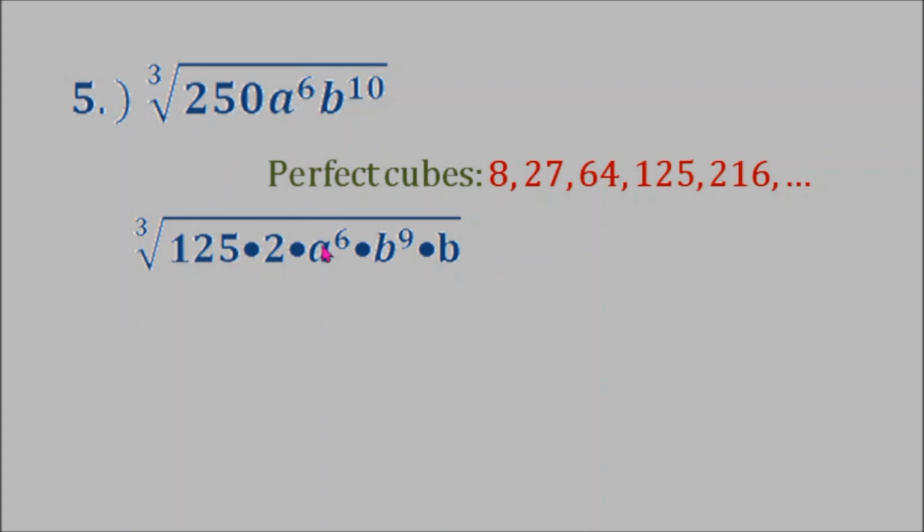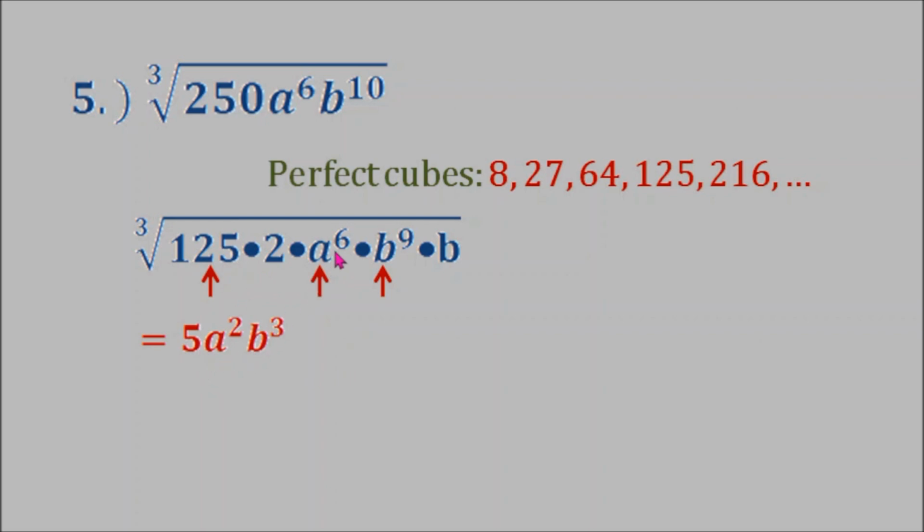Then a to the power of 6 is still here. It's a perfect cube. Then the factors of b to the power of 10 are b to the power of 9 and b. So we have 125, a to the power of 6, and b to the power of 9 as perfect cubes. Cube root of 125 is 5.